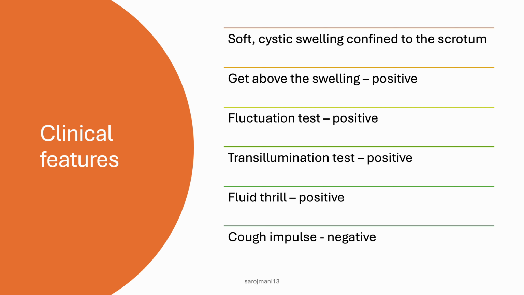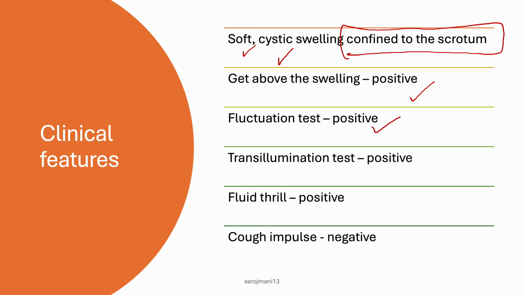So talking about clinical features, the hydrocele swelling is a soft cystic swelling confined to the scrotum. It is a scrotal swelling, not an inguinoscrotal swelling. Get above the swelling is positive, which means we can palpate the spermatic cord structures just above the swelling.